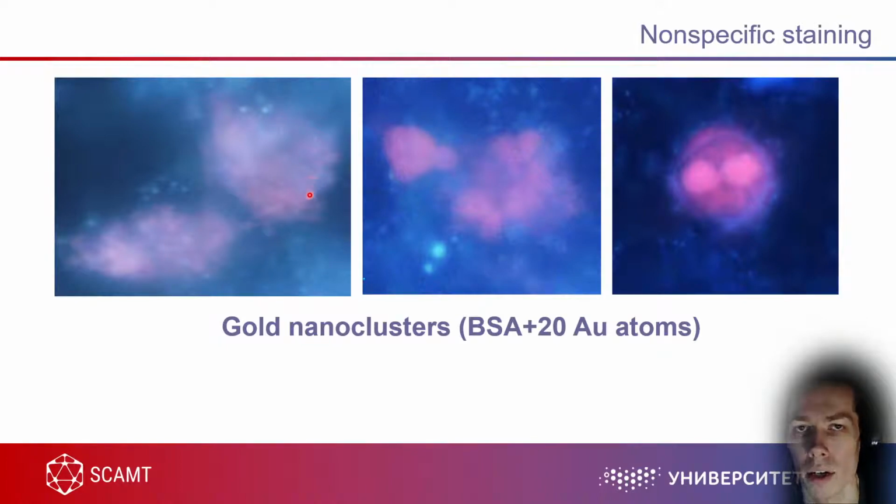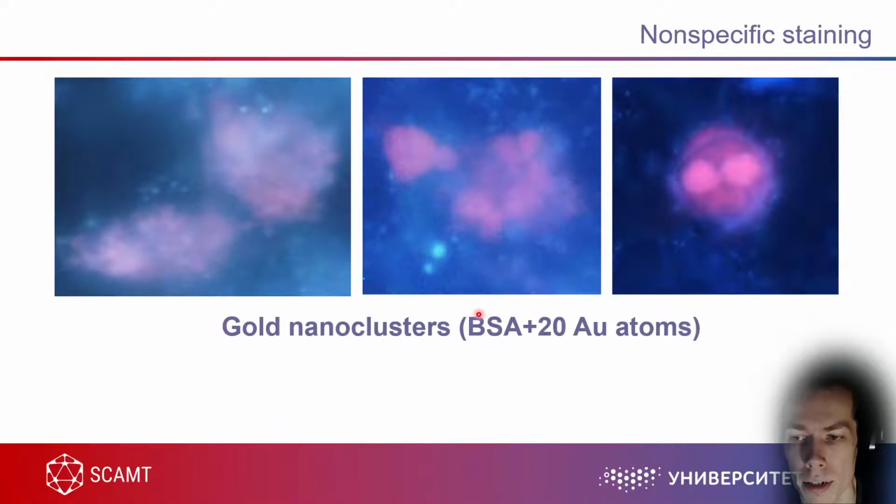But after interaction with lysosomes, in late endosomes or in endolysosomes, some of the bovine serum albumin gets dissolved, digested by enzymes, and so the gold nanocluster stops fluorescing, because it's important for this cluster to have both atoms and the stabilization molecule.